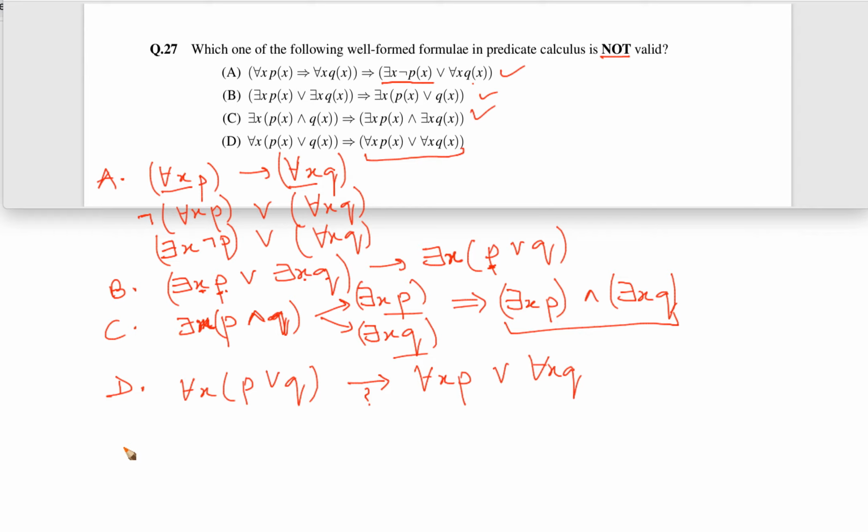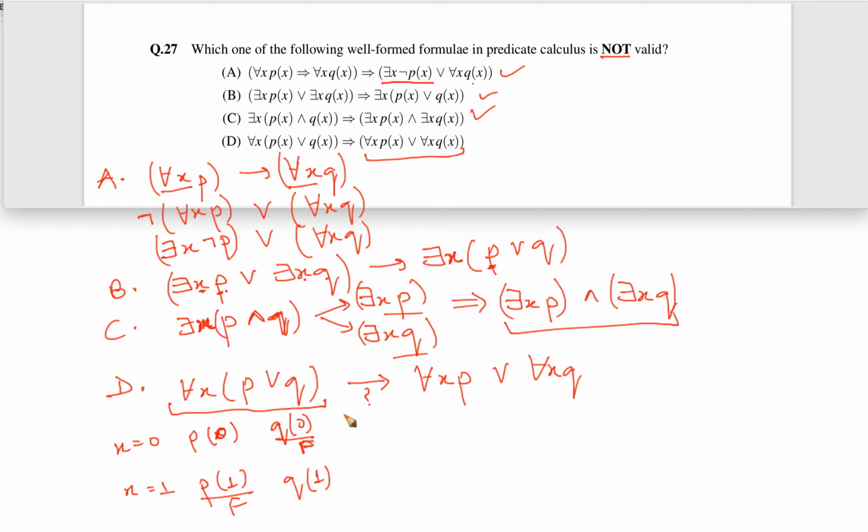Let's say for x equal to 0, p0 is true and q0 is false. I'm not writing anything for true, just writing false. And let's say for x equal to 1, p of 1 is false but q of 1 is true. That is the case. Now does the left hand side hold or not?